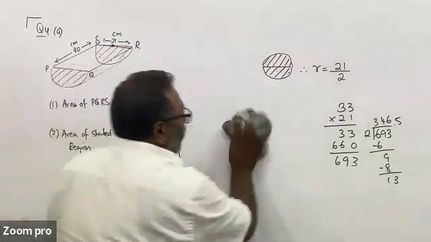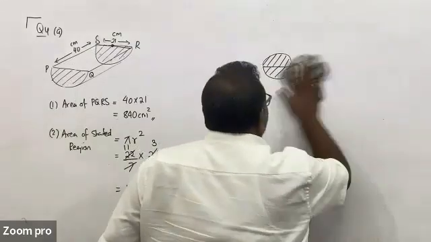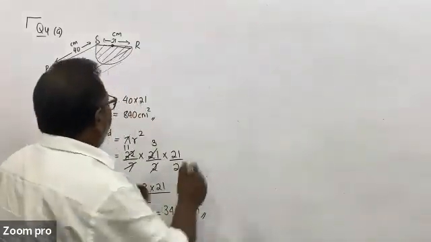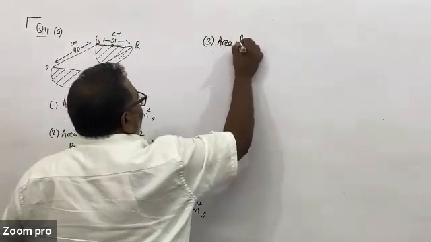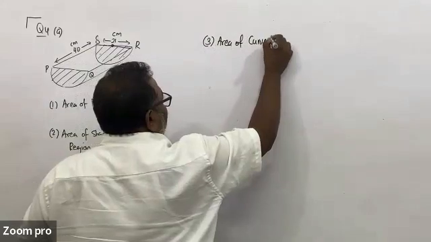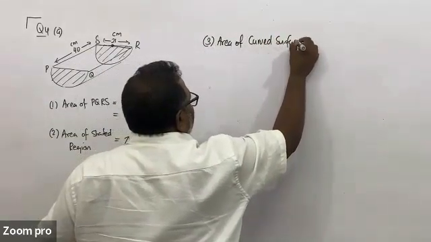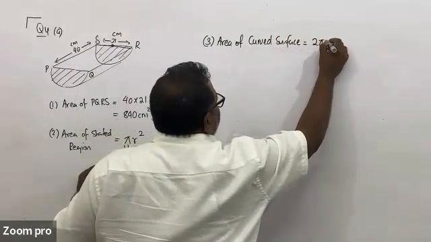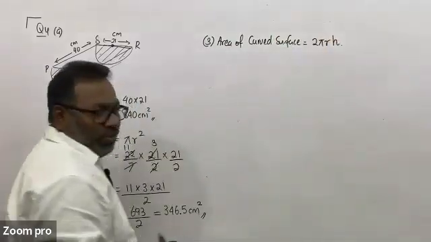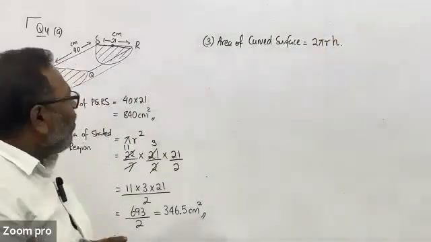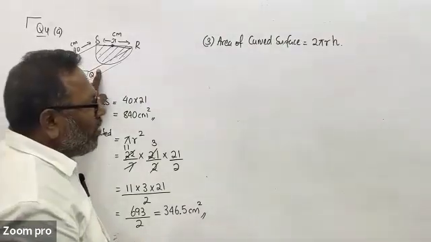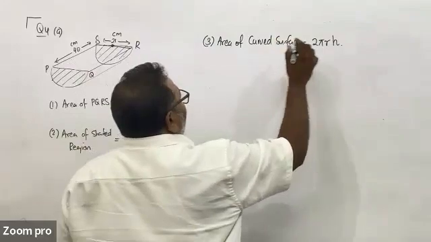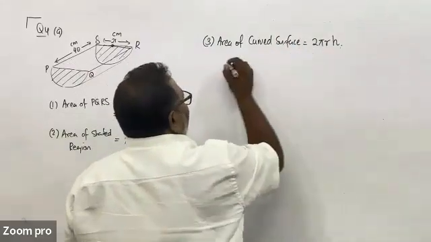What is the formula for area of curved surface? Area of curved surface is 2 pi r h. Okay, but don't use that formula. Why? Because we only want half a curved surface, right? So area of curved surface is 2 pi r h.